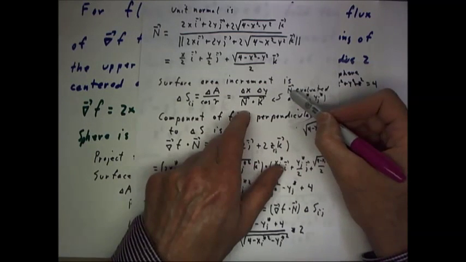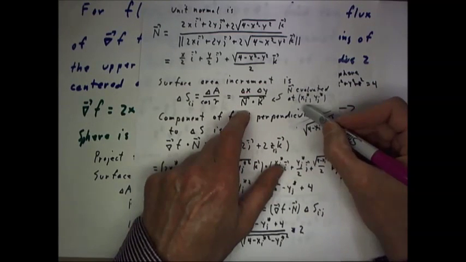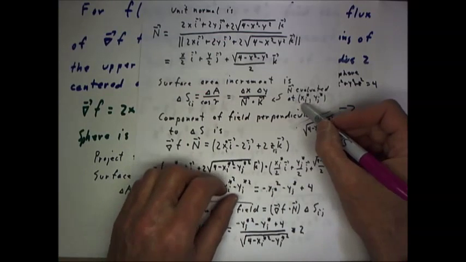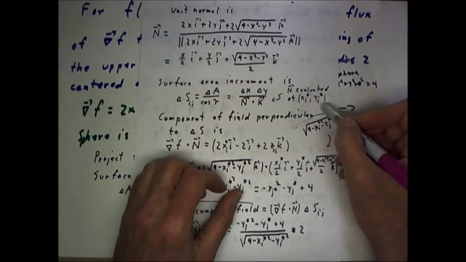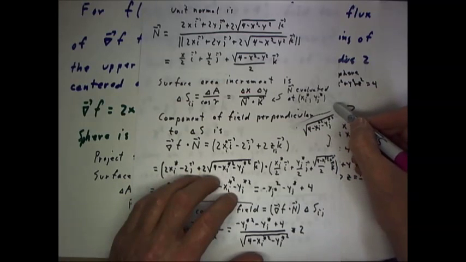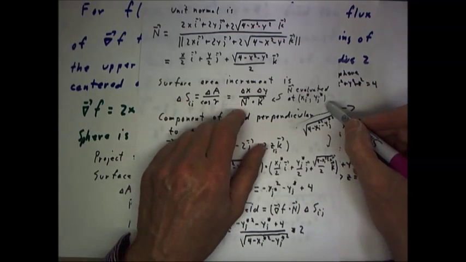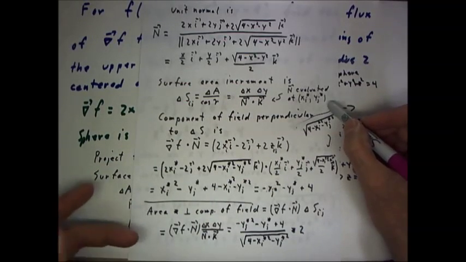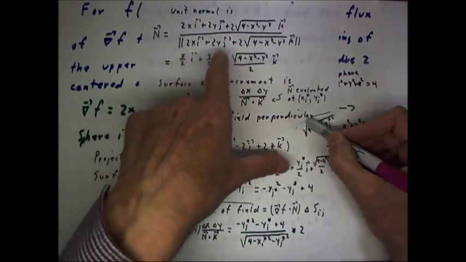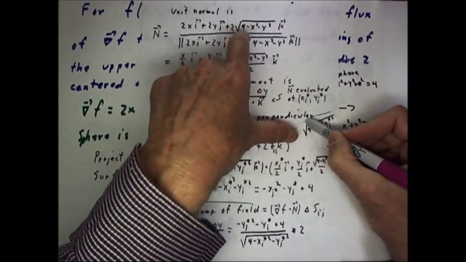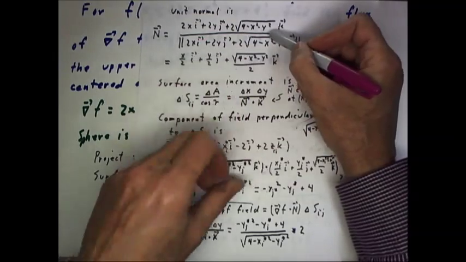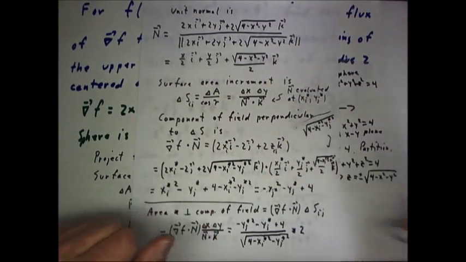The normal vector is evaluated at our sample point xi star, yj star, and actually that should be xi star, yj star, f of xi star, yj star, because our normal vector does have a z component, but we've taken care of that by substituting the 2 square root of 4 minus x squared minus y squared for the z.